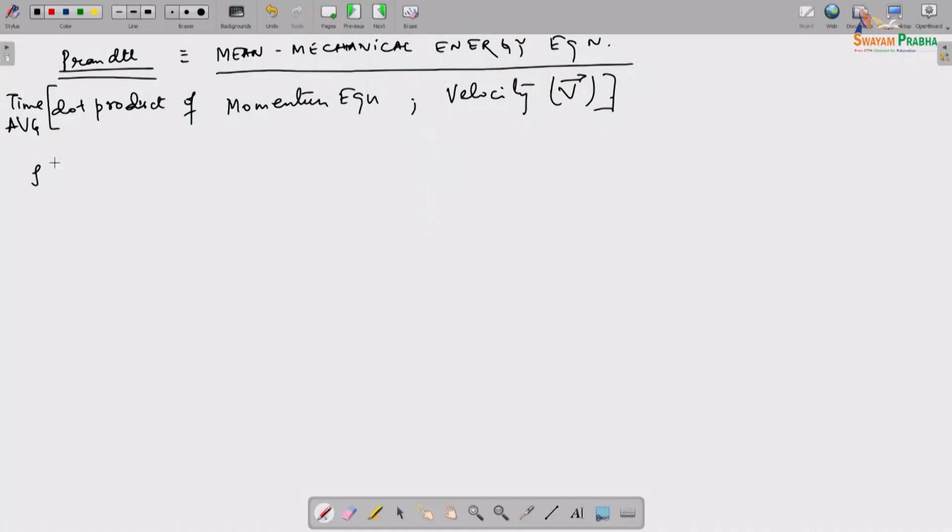Okay. So, let us just say, mean mechanical energy equation. So, it looks something like this. Right.